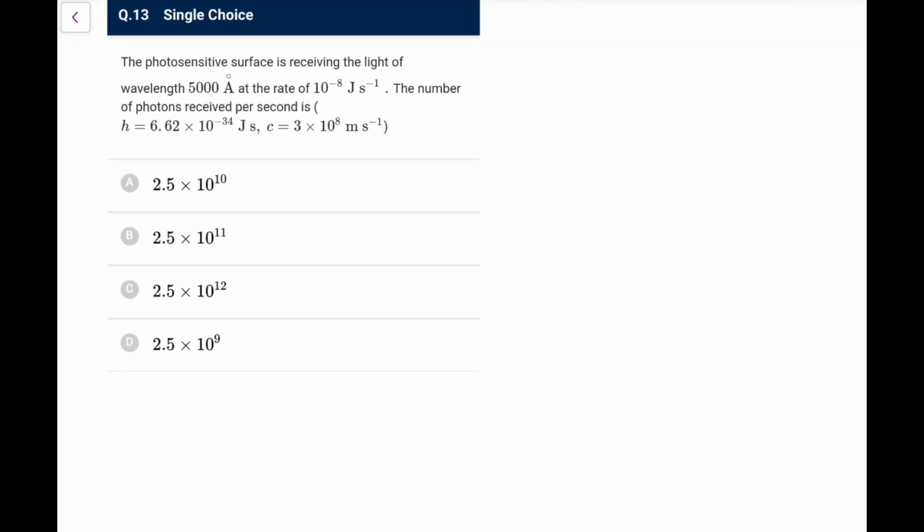Next one. The photosensitive surface is receiving light of 5000 angstrom at this rate. The number of photons received per second is, let's say, n times h nu or hc by lambda, which equals this power.